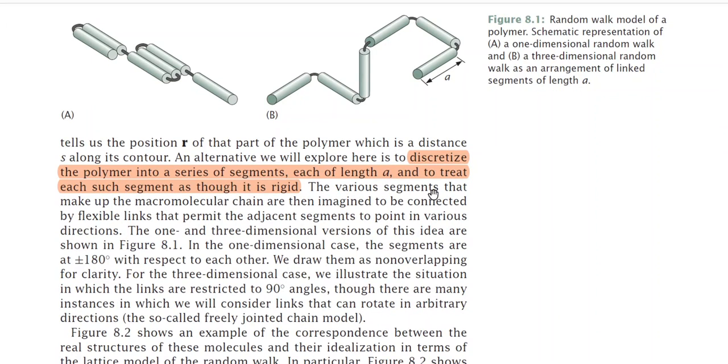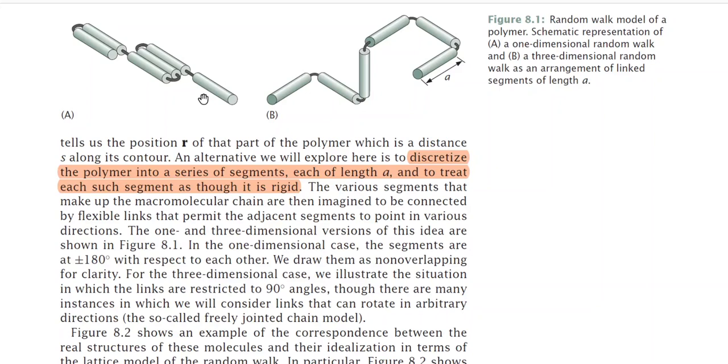The various segments that make up the macromolecular chain are then imagined to be connected by flexible links that permit the adjacent segments to point in various directions. The one and three dimensional versions of this idea are shown in this figure.